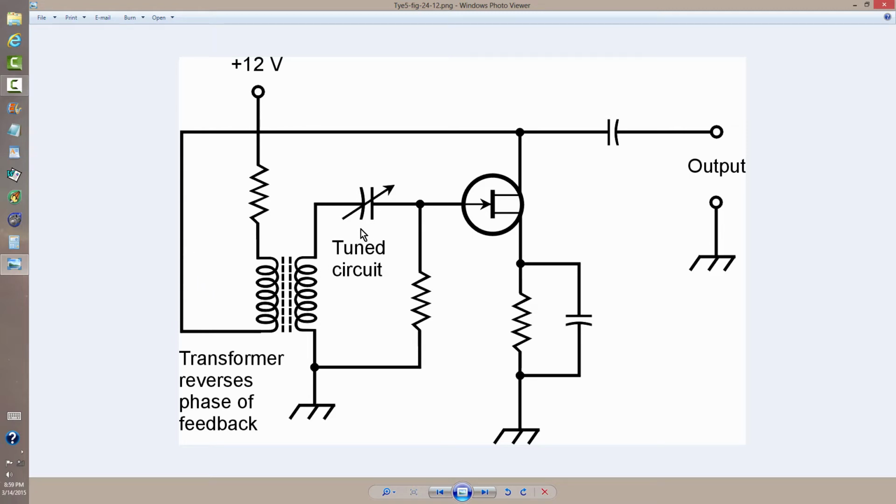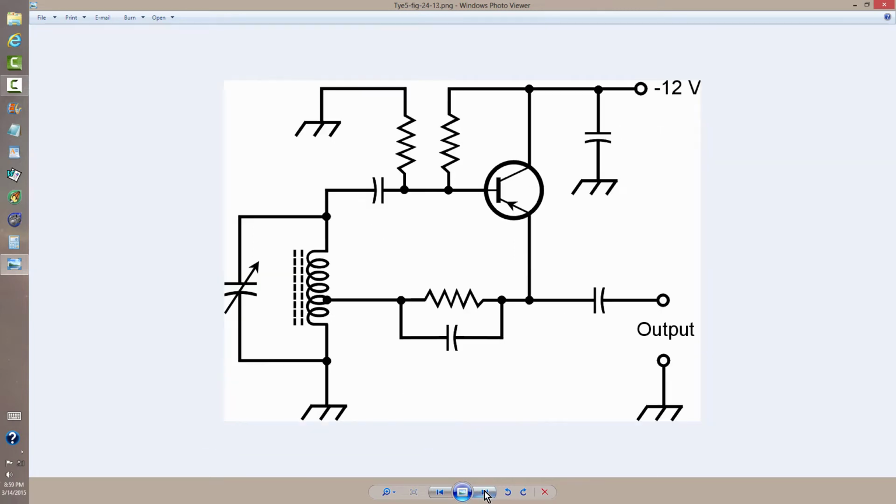That positive feedback can then be tailored by means of a variable capacitor to produce feedback at a particular frequency, and that is the frequency of oscillation. Again, this is an Armstrong oscillator circuit, the most fundamental oscillator circuit there is.